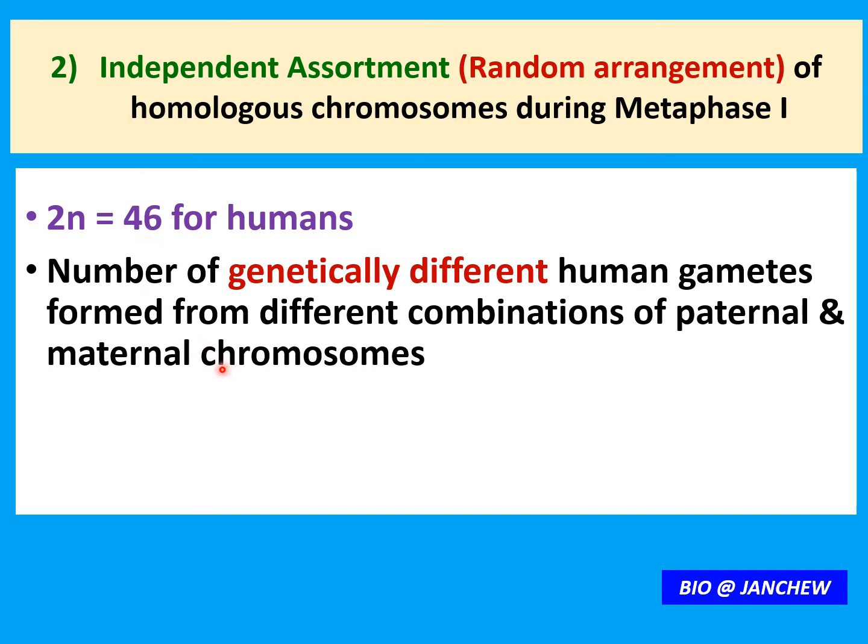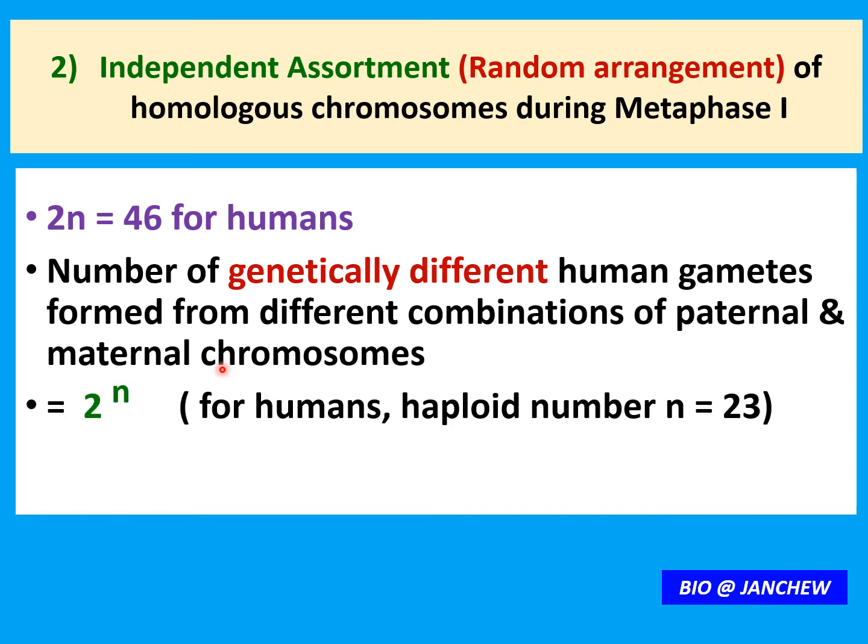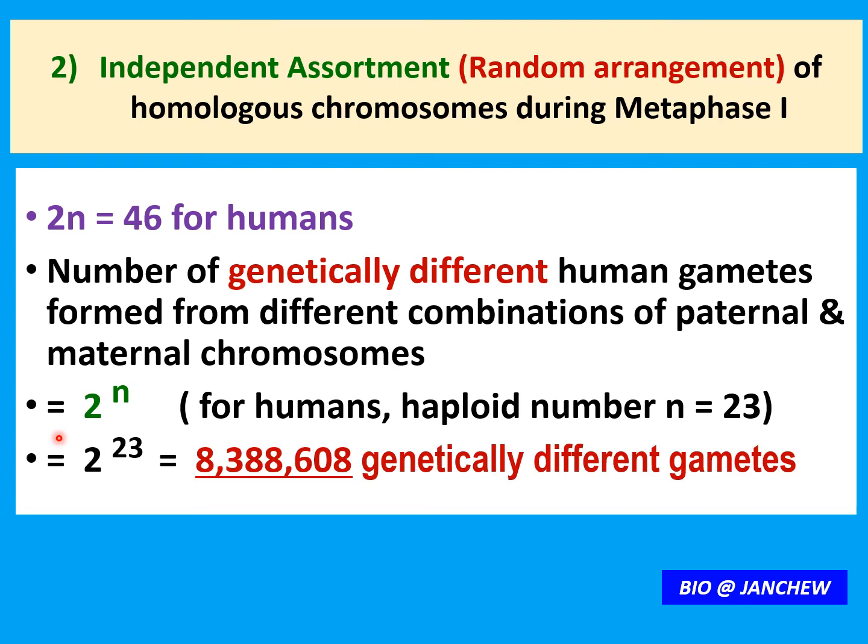We can use the formula 2 to the power of n, where n stands for the haploid number of the organism. For humans, the haploid number n equals 23. So the number of genetically different human gametes that can be formed based on the different combinations of paternal and maternal chromosomes in an individual equals 2 to the power of 23.